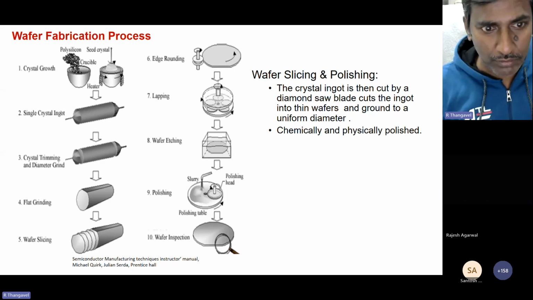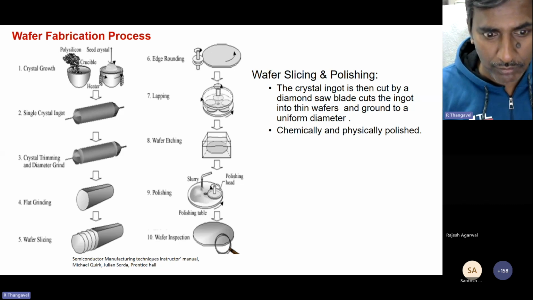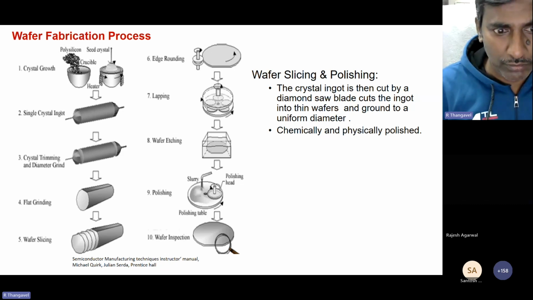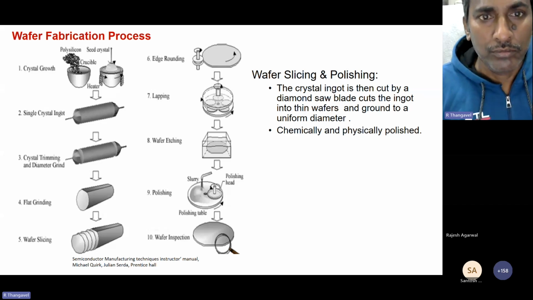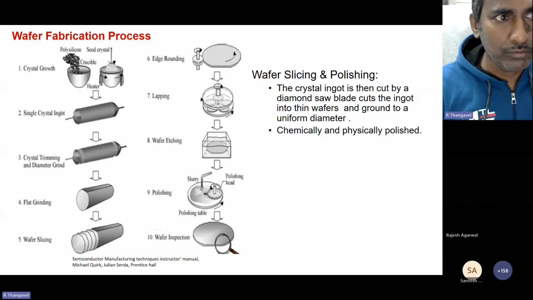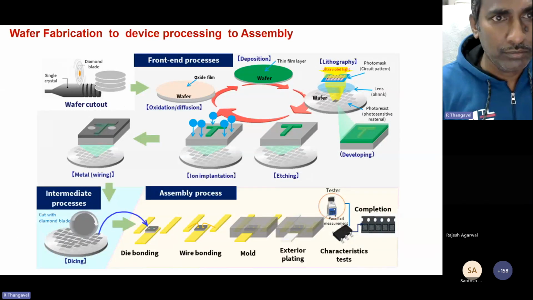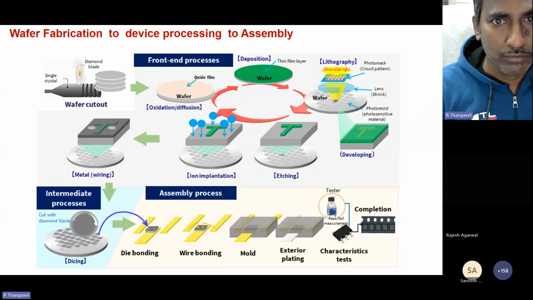Then wafer etching and polishing. After polishing, the roughness is very low, maybe 1 or 2 nanometer. After lapping, the roughness is maybe 10 or 20 nanometer. Then wafer inspection is also very important, to check whether epi can be grown on this wafer or not. So these are some processes of the wafer fabrication technique.